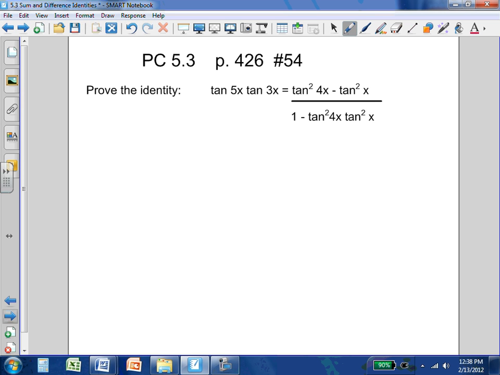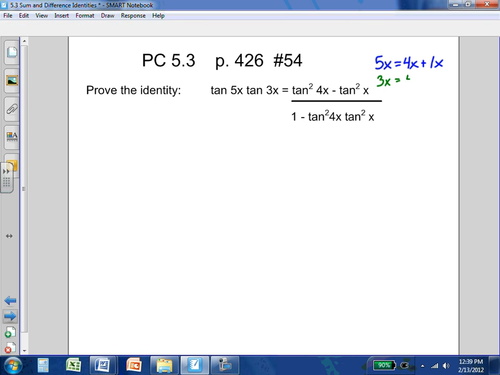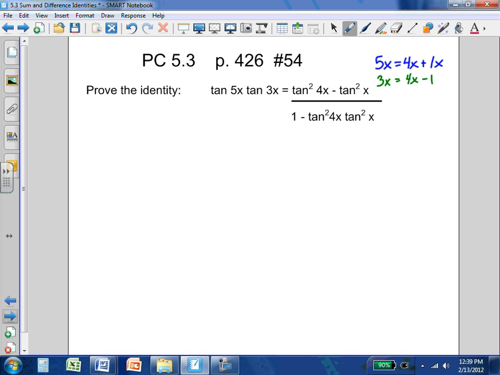And here's what we should be thinking about. 5x is just 4x plus 1x, whereas 3x is 4x minus 1x. So you see they're using the same two angle measures, but one as a sum and one as a difference.